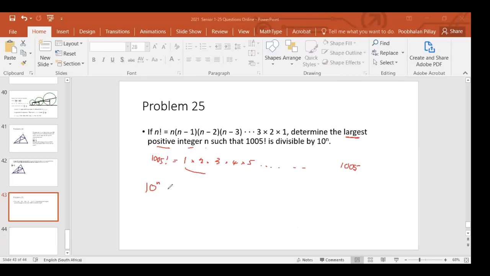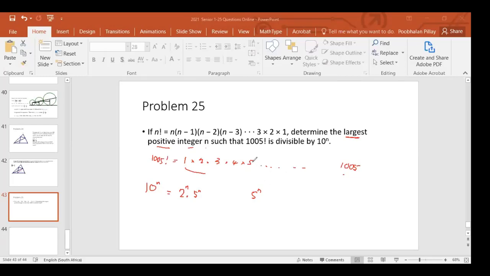For it to go exactly into that monster, 10 to the power of n, if you break it up, you've got 2 to the n times 5 to the n. So if you want 10 to the n to go exactly into this, it means that 5 to the power of n goes exactly into this. Now, what is n?